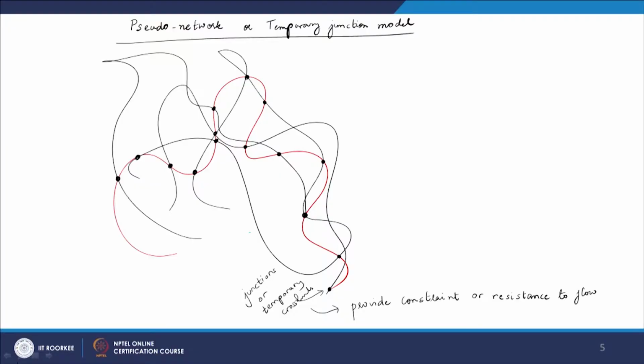So, as the polymer chain then moves, some junctions are created and some junctions are lost when the polymer chain undergoes a movement. So, if for example, this polymer chain somehow manages to move, I will represent by a different color the new polymer chain.